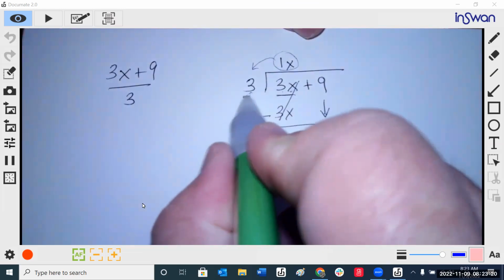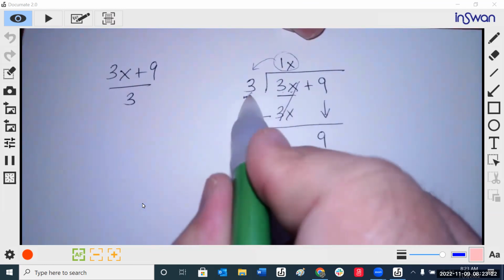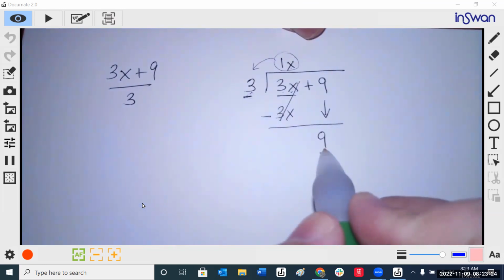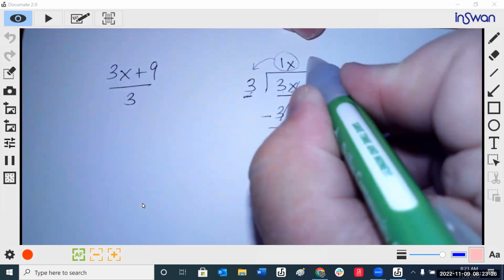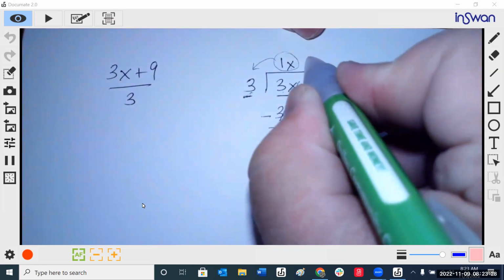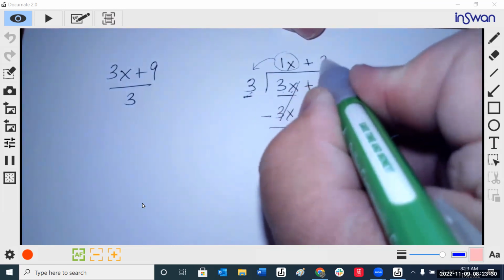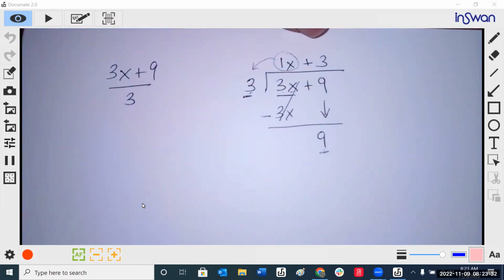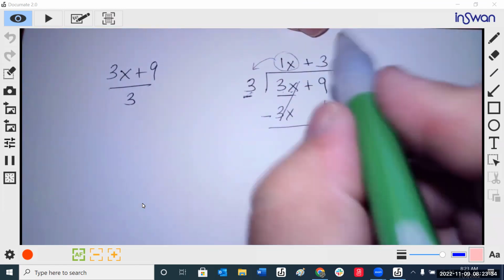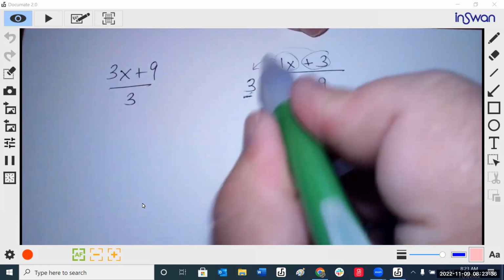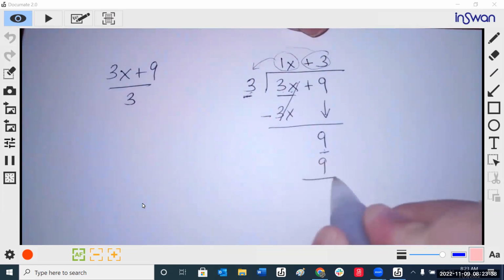Repeat the process. What times 3 gives you 9? Positive or negative? It's a positive, so you need to put the sign there. So now we take this number, positive 3 times 3 is 9. Subtract them.